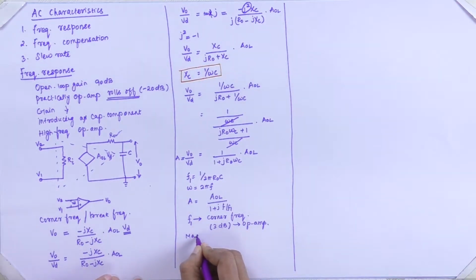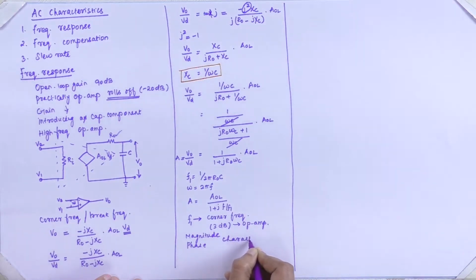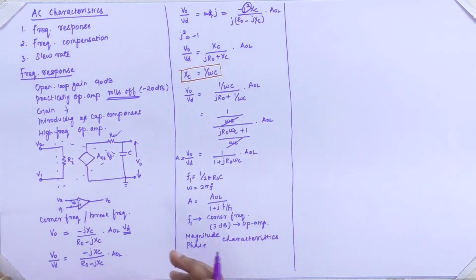One is magnitude characteristics, the other one is phase characteristics. As usual we know that the magnitude characteristics are calculated by taking the square root of that signal, and the phase characteristics is always calculated by phi is equal to minus tan inverse of B by A. So here we should know which is the A value and which is the B value.